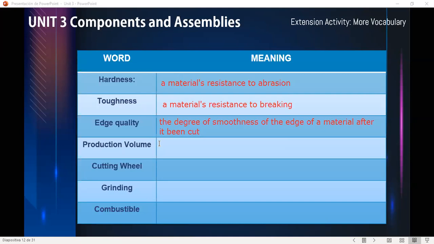Then with that one, we move to the production volume. Production volume.